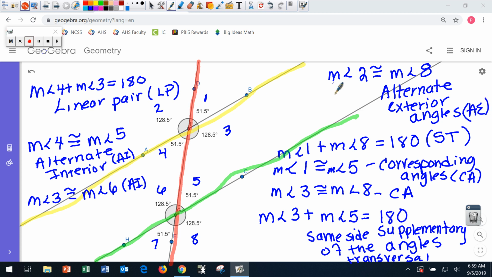Okay? And you have the same thing for 1 and 7. And I'm going to erase what I wrote in the beginning so I can have some space.